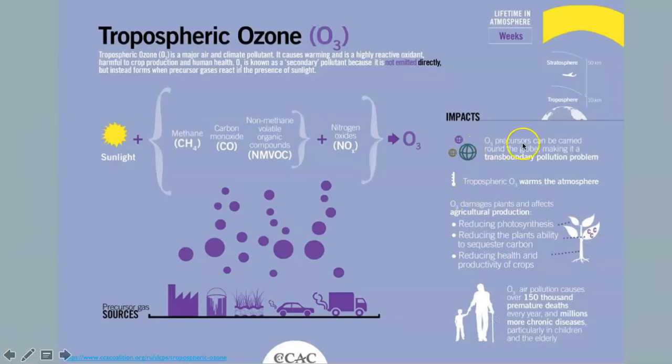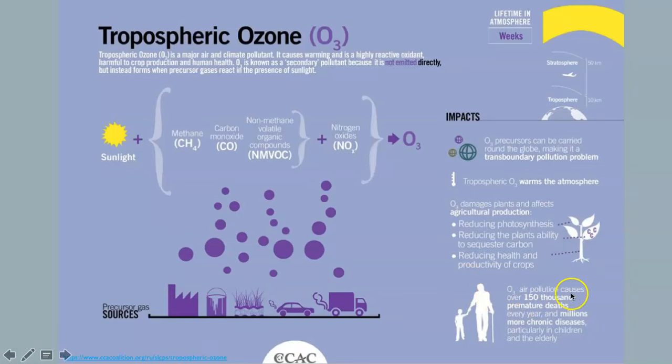Tropospheric ozone precursors can be carried around the globe, making it a transboundary pollution problem. Tropospheric ozone warms the atmosphere and contributes to global warming. Tropospheric ozone damages plants and affects agricultural production by reducing photosynthesis, reducing the plant's ability to sequester carbon, and reducing health and productivity of crops.